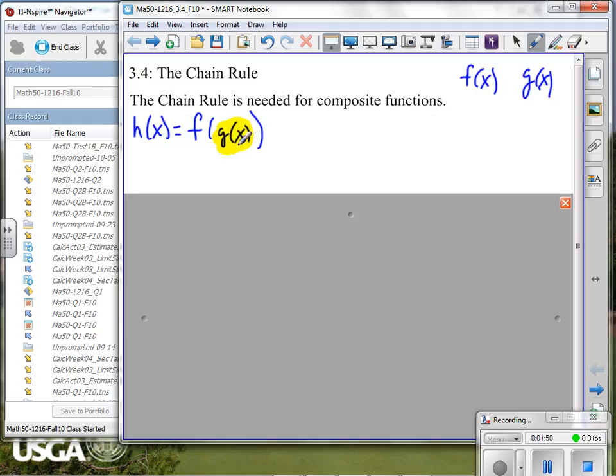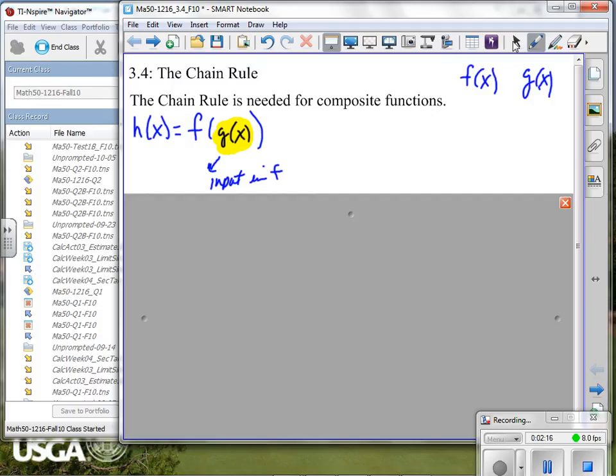What is the name that we give g of x in function f? It's known as the what? Yeah, so this is the input. In function f, it's the input in f. It happens, though, to be the output of g.